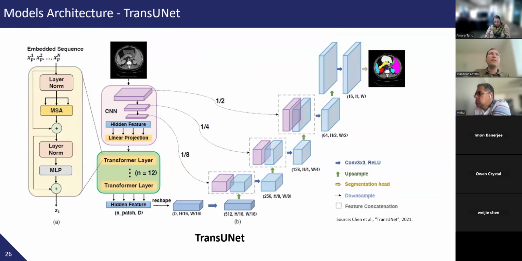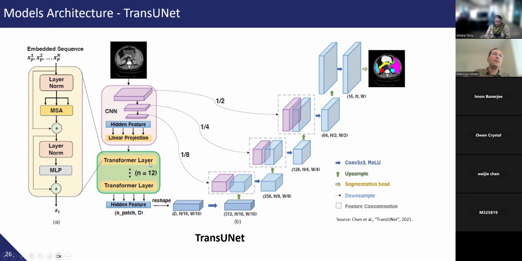The other model that I use is TransUNet. TransUNet also has a UNet architecture, but the difference is that it has a backbone combining CNNs and vision transformers. At first, we have 3 CNN layers, and then we have the vision transformer architecture.